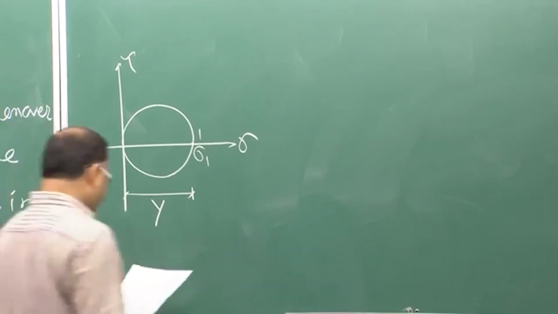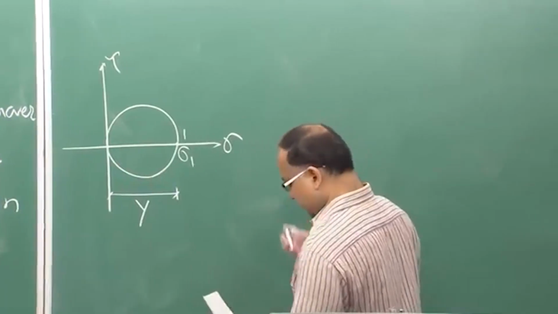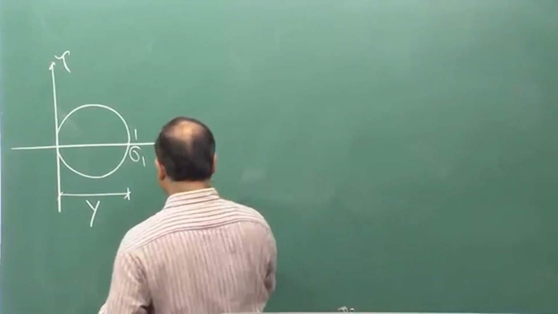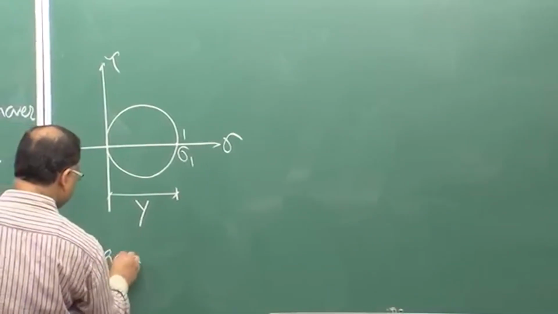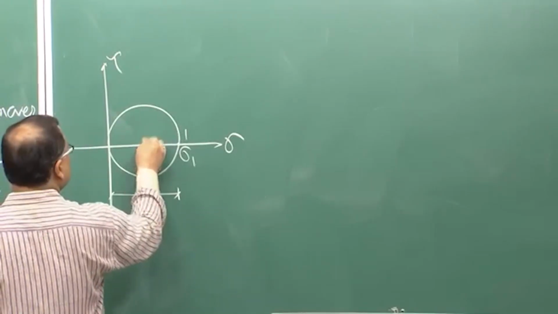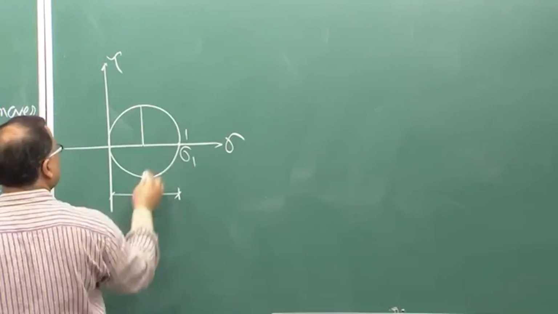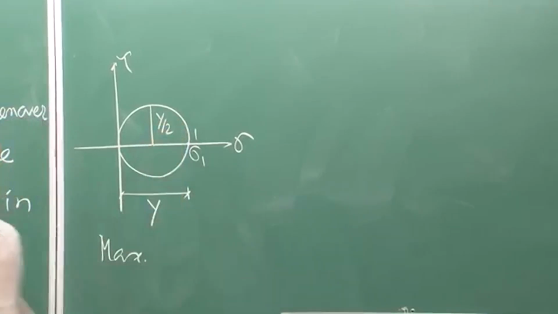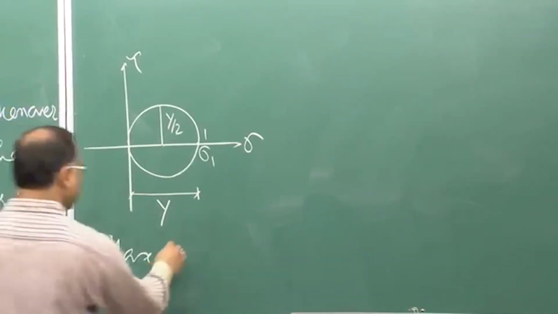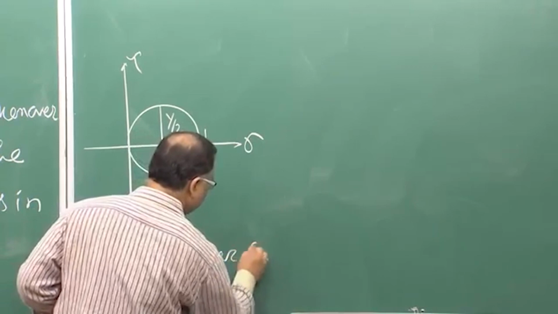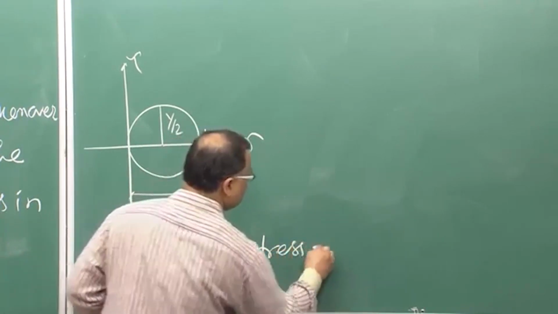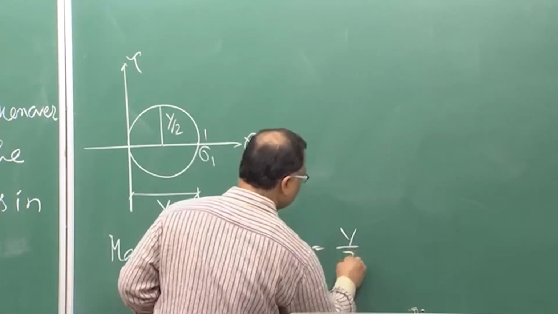So, your maximum shear stress in the tensile test is nothing but sigma y by 2. The radius of the Mohr circle is your maximum shear stress.